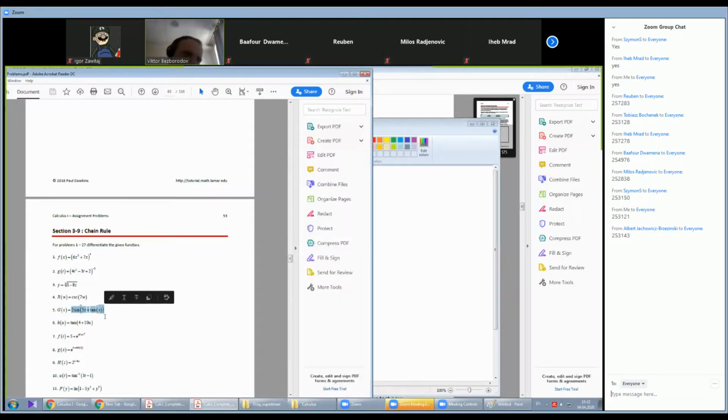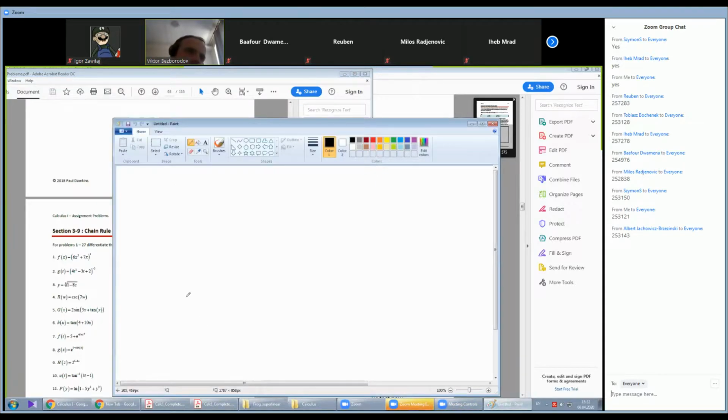So let's consider, for example, this example, right? So here we have a composite function. Example 5, which is, okay, I will write it. So let me try this.